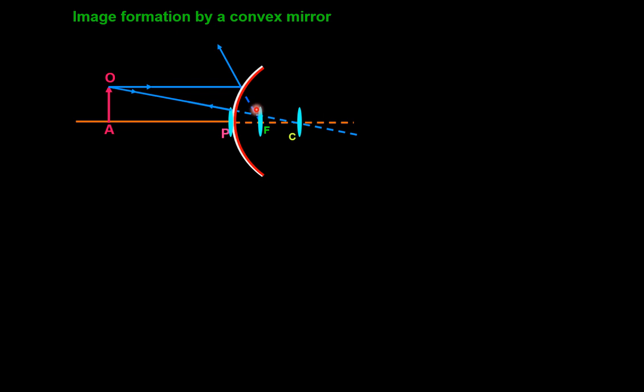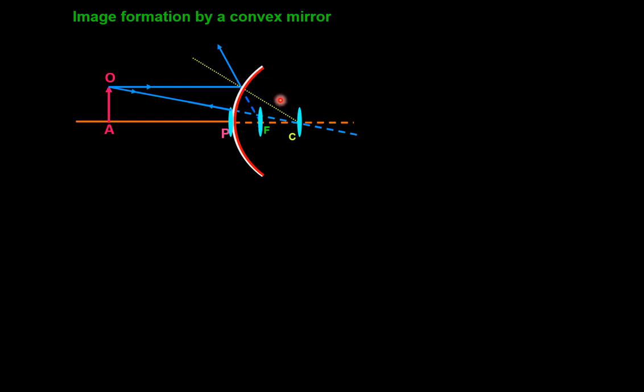But whenever the two light rays appear to meet, the image formed will be virtual and erect. So at the point of intersection, due to this convex mirror, when I place this object AO in front of it, I will get the image formed here, so that I can draw.